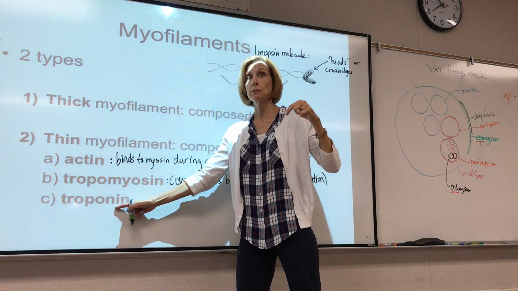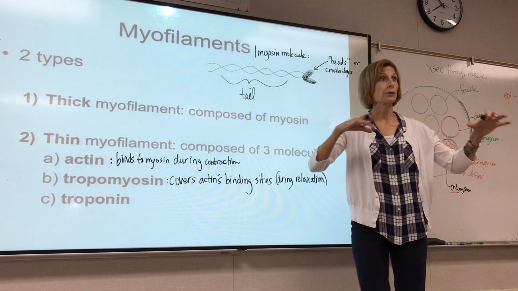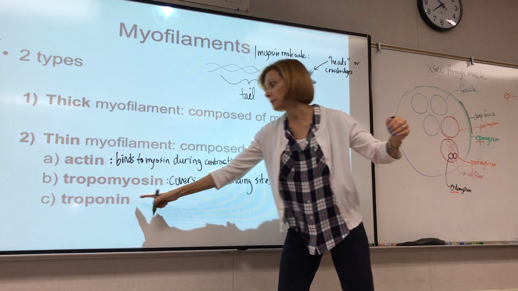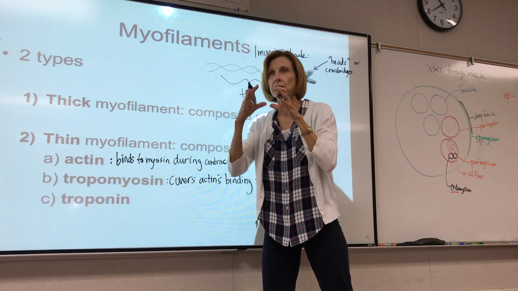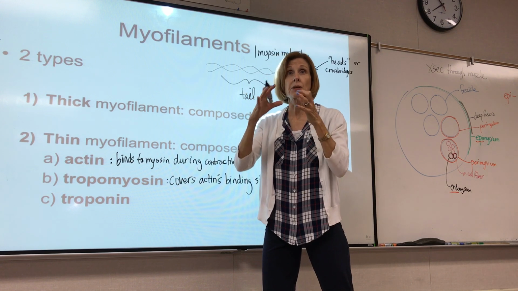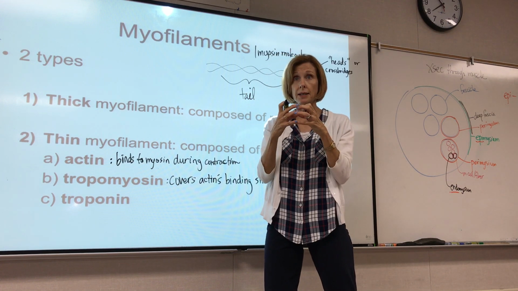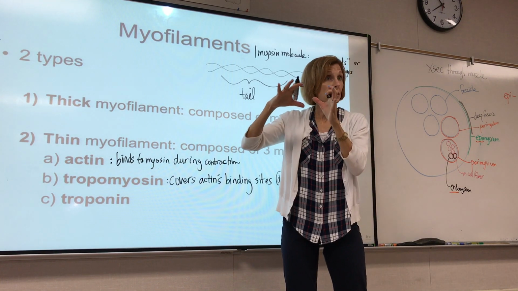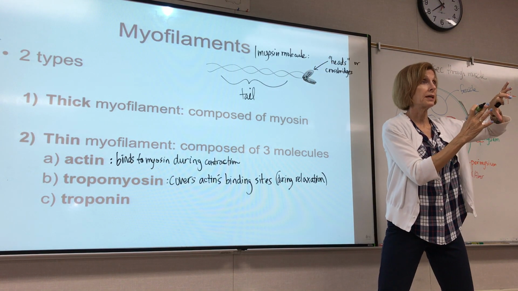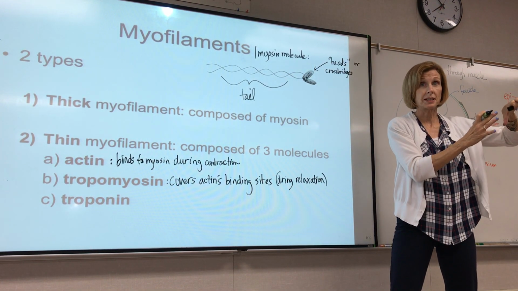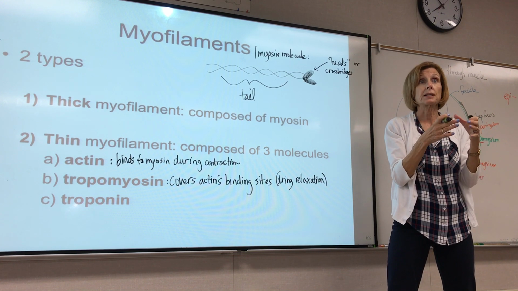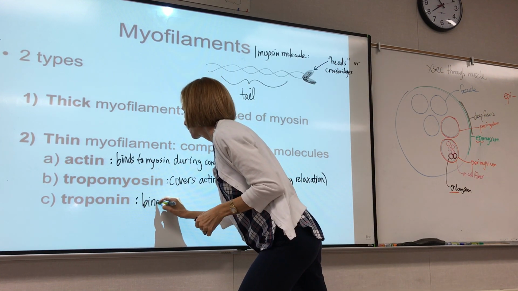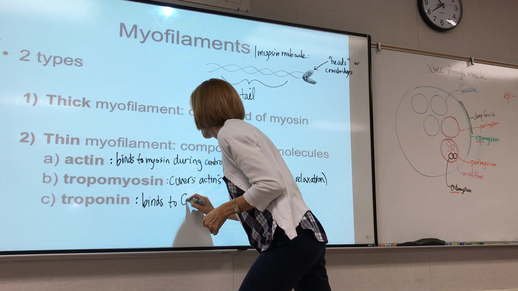Okay, so when calcium is released, it goes out into the sarcoplasm, it binds to troponin. This will actually have kind of a different shape. The troponin calcium complex is what it's called. It's like a bigger molecule that will literally shove the tropomyosin off of actin's binding sites, exposing the binding sites for myosin. So troponin binds to calcium.